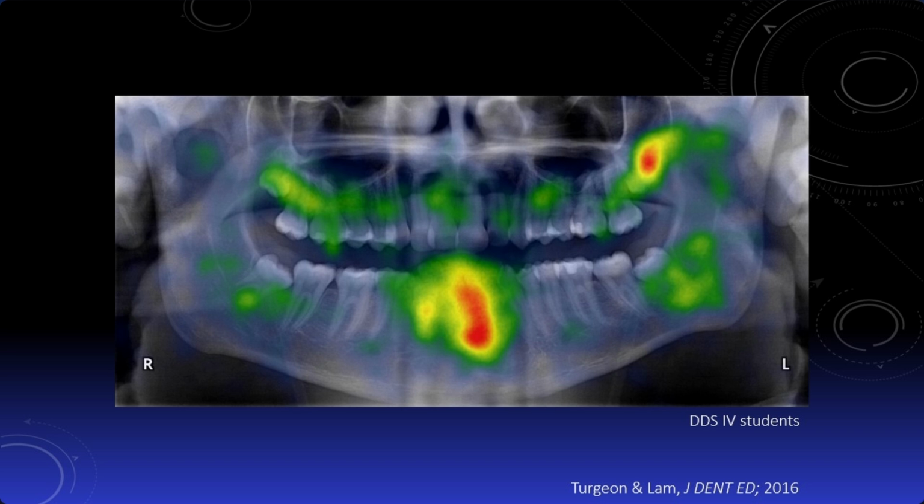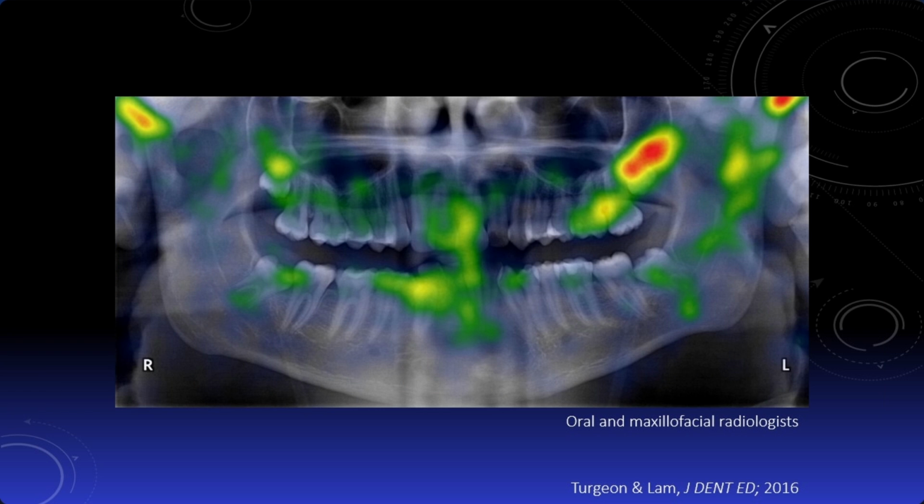We know this because this is reflected in the orange and red and yellow pigments on the image. You can see that the dental students spent an inordinate amount of time looking at the lower incisors, which is probably where the ghost image was the most prominent. They also spent time looking in the upper left maxilla because there was a supernumerary tooth located in that position.